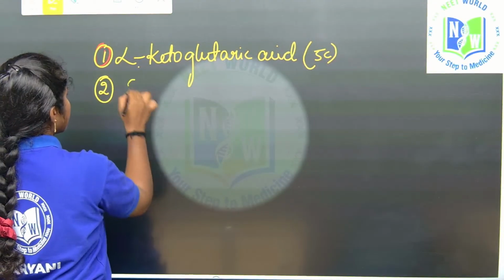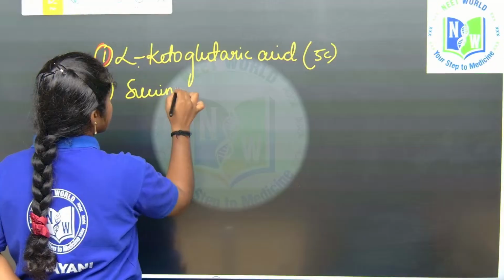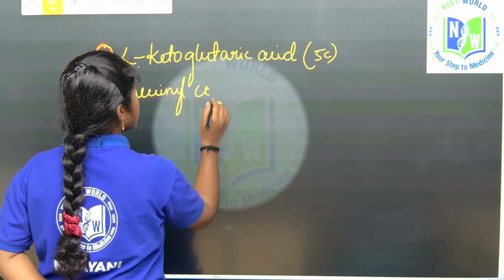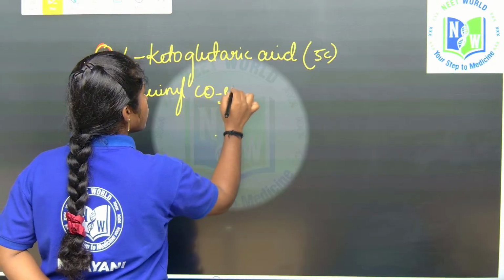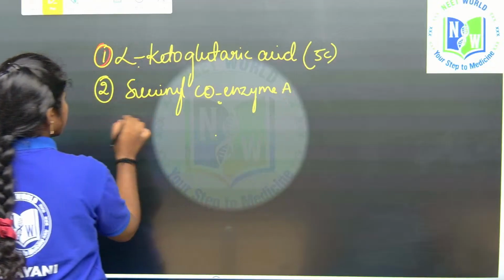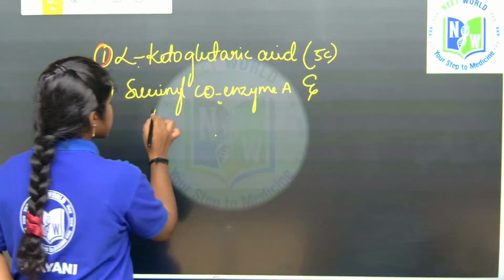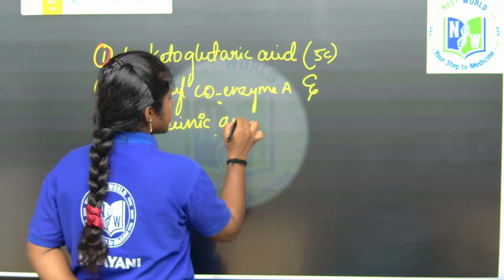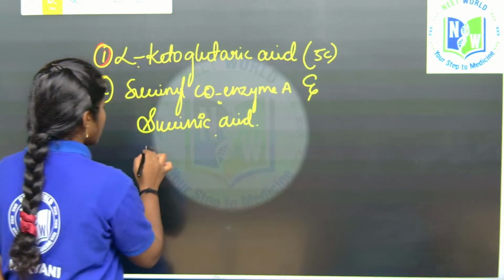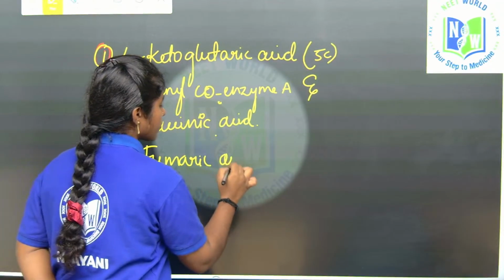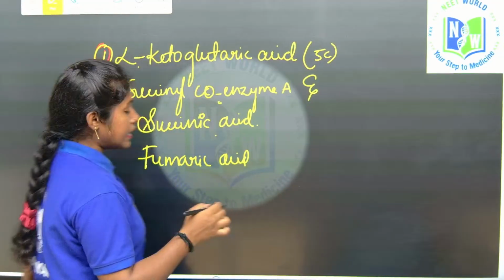So the 4 carbon compounds are succinyl coenzyme A, succinic acid, fumaric acid and malic acid.